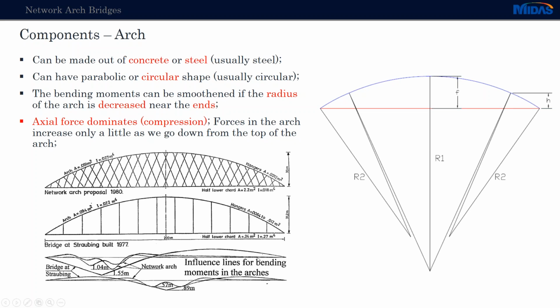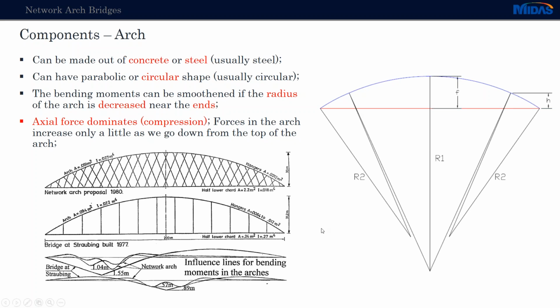If we again compare the effects in the tie with a similar bridge, so the bridge with the vertical hangers is a bridge that is constructed, and then the top one, the network arch, is a proposal using almost the same steel consumption.